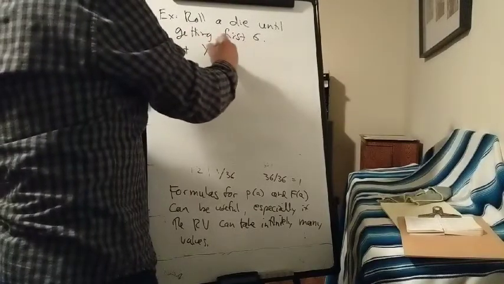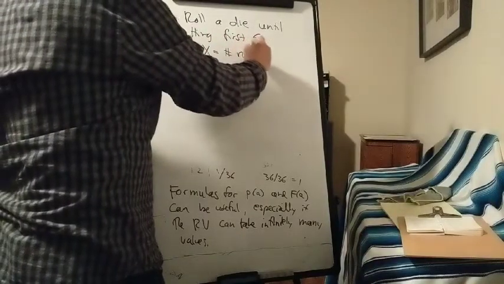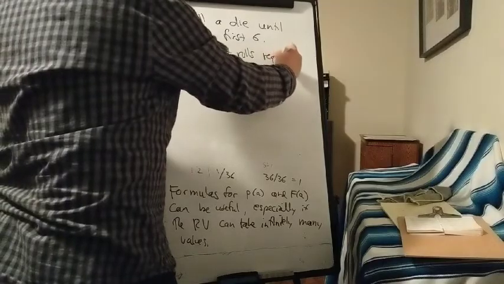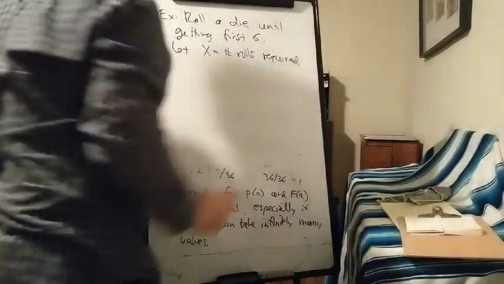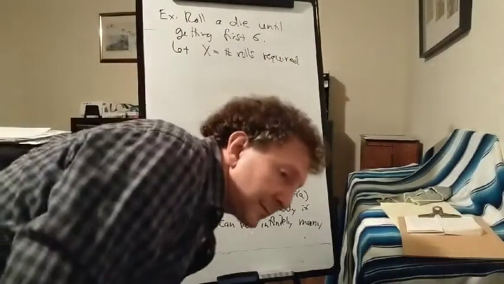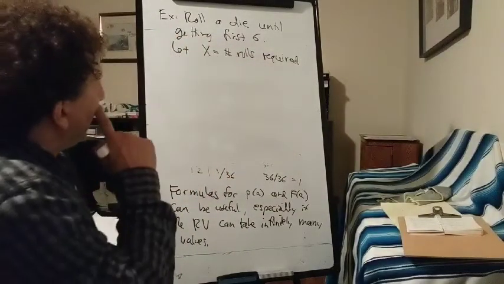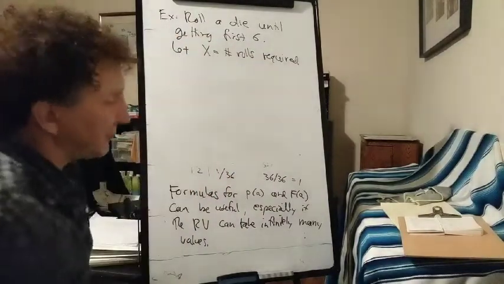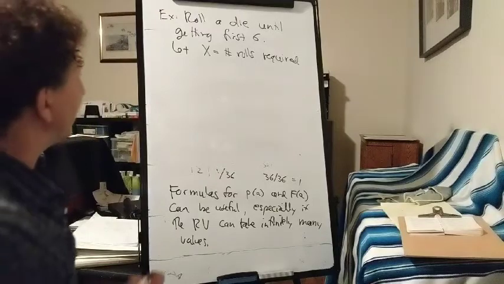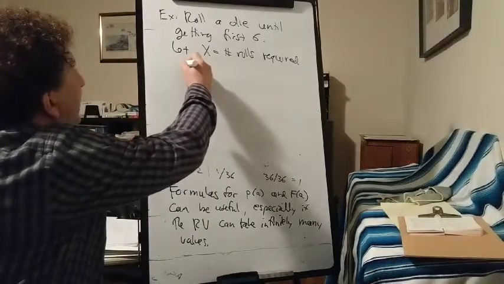And let's let x be the number of rolls required. So we can start making a table. Maybe if we start making the table, we'll see what the formula should be.